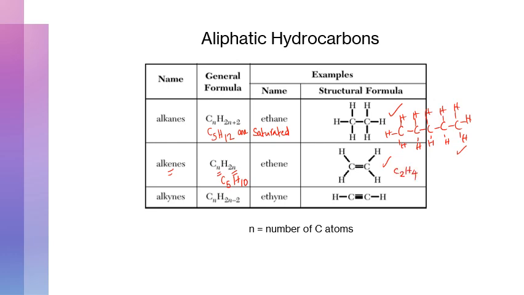If it is 5, how are we going to write? 1, 2, 3, 4, and 5, correct? And we have to have 10 hydrogen, so 1, 2, 3, 4, 5, 6, 7, 8, 9, 10.